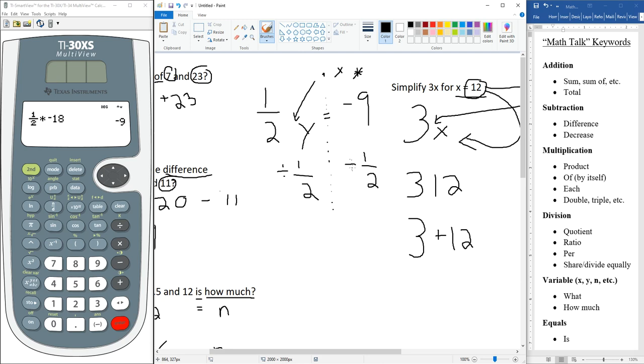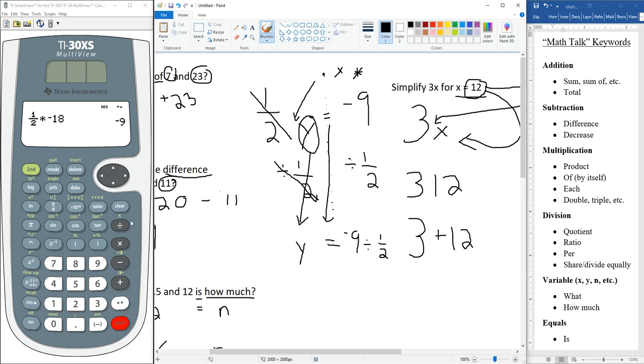Now, dividing by 1/2 cancels out multiplying by 1/2. It just leaves us with y, which comes straight down. Our equal sign comes straight down, right along our little fence. But now we have negative 9 divided by 1/2.